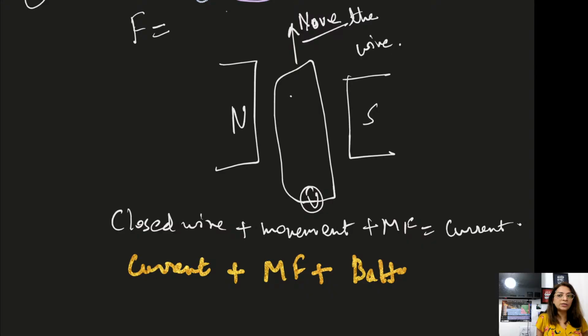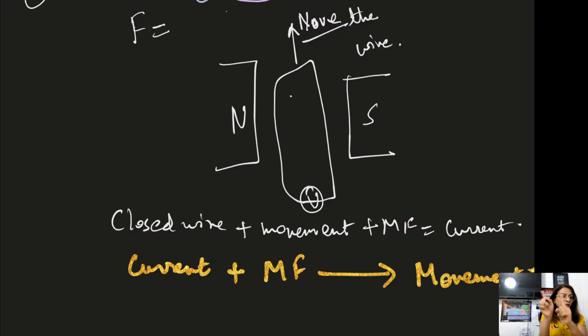Current means battery, and current plus magnetic field gives you movement. Okay, so the wire spins, it starts to rotate. That's your motor effect. Am I making sense?